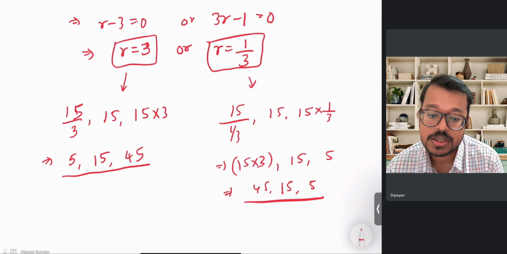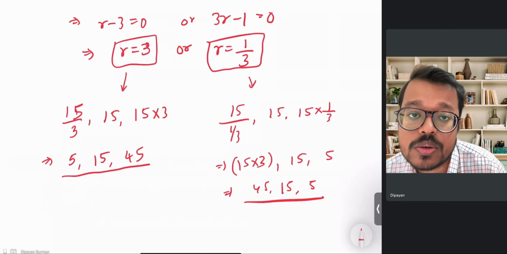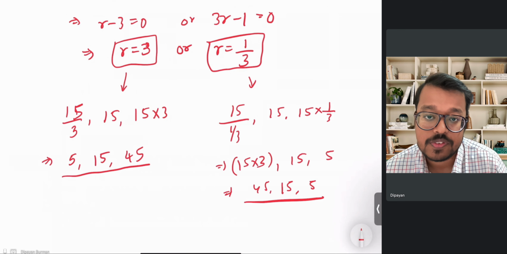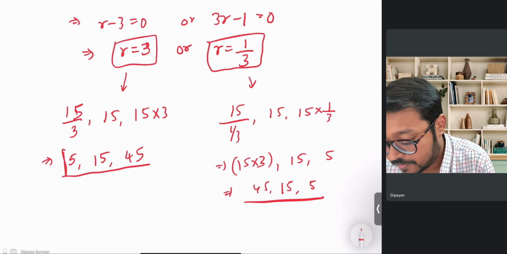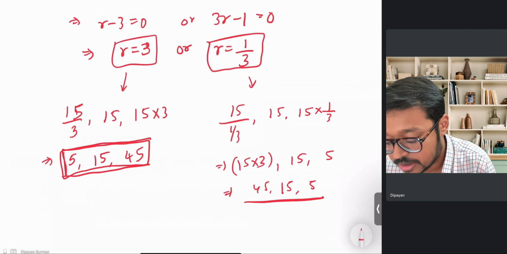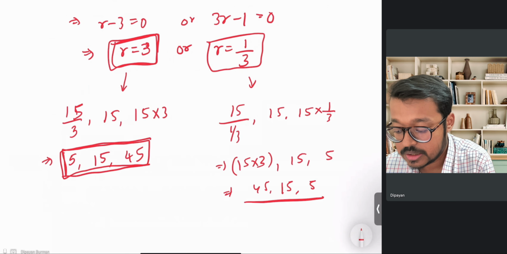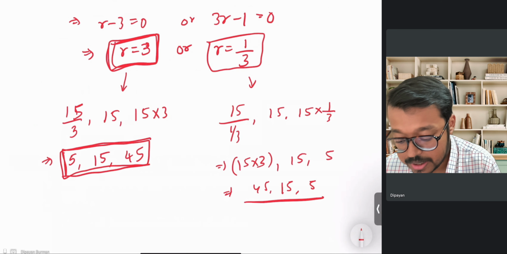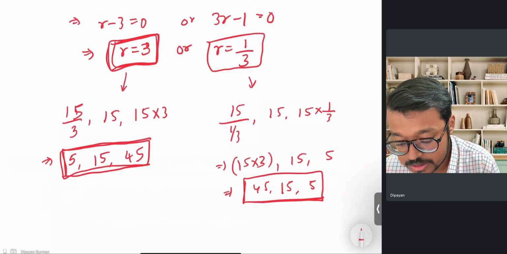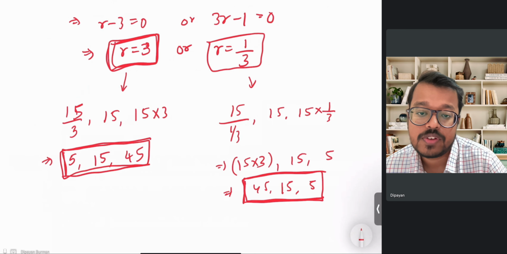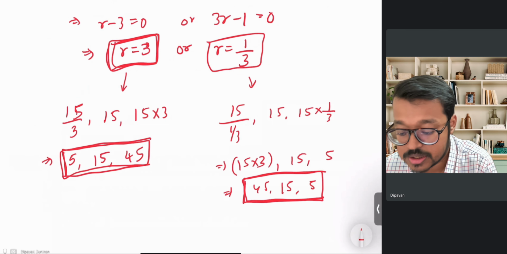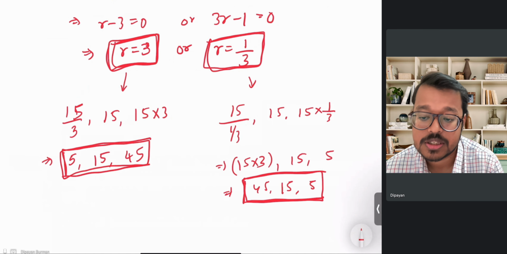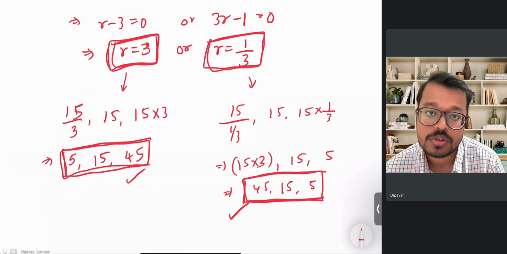So the numbers are the same: 5, 15, 45 and 45, 15, 5. But 5, 15, 45 is an increasing GP, so the common ratio is 3. Each number is increasing by a factor of 3. But I will also mention the three numbers can be 45, 15 and 5. The numbers are decreasing because the common ratio is 1 by 3, so every number is 1/3 of the previous number. We have to mention both for this question.